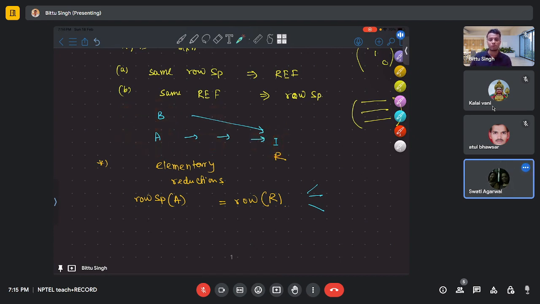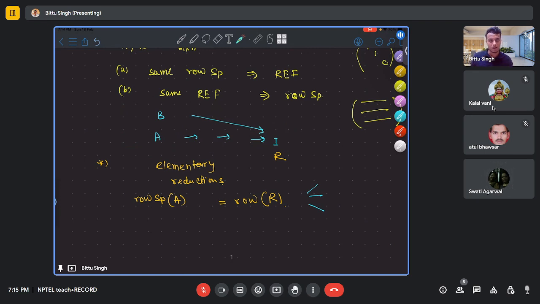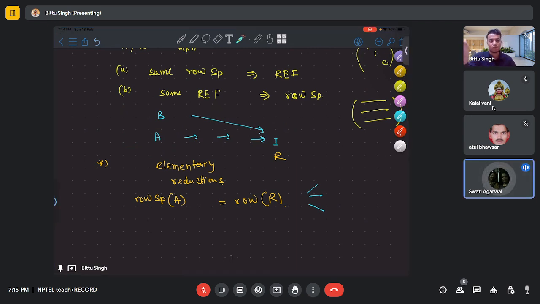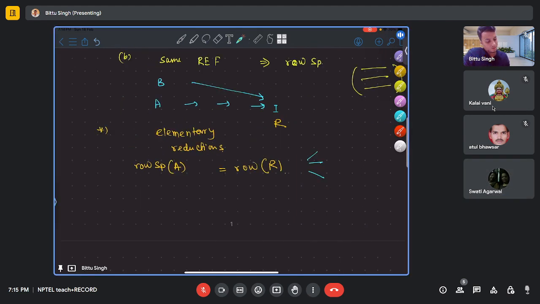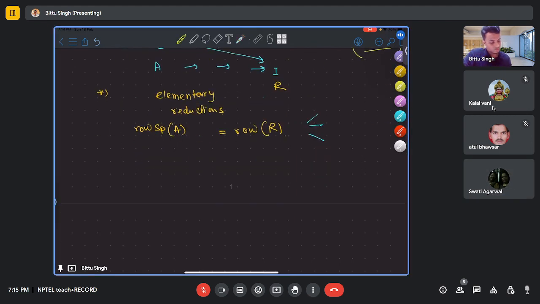Whatever you use, RREF or REF. But given I, can we really distinguish between A and B? The end result is the same, but how it began we cannot tell, right?